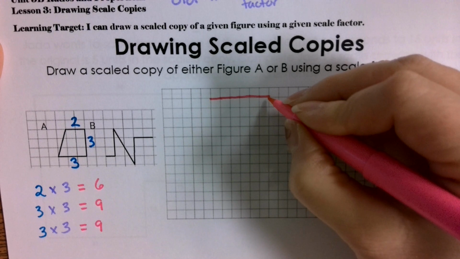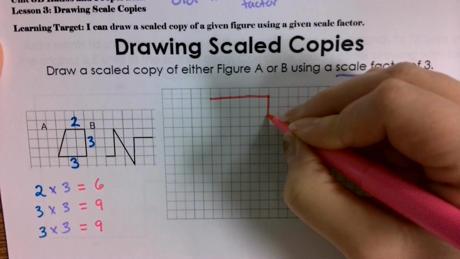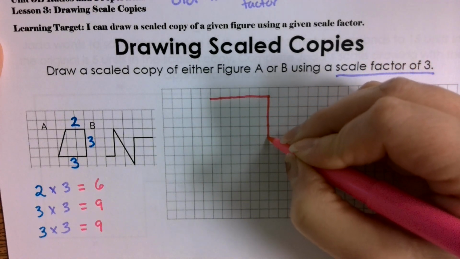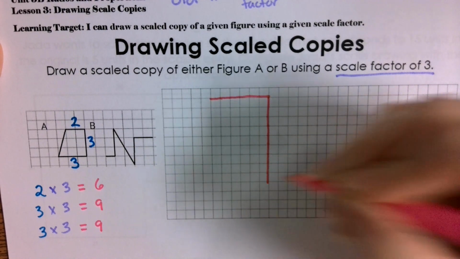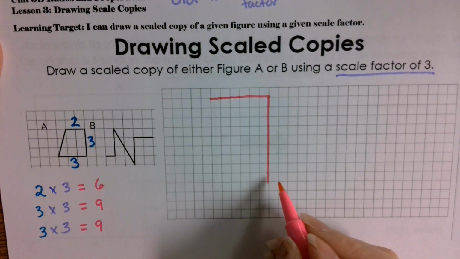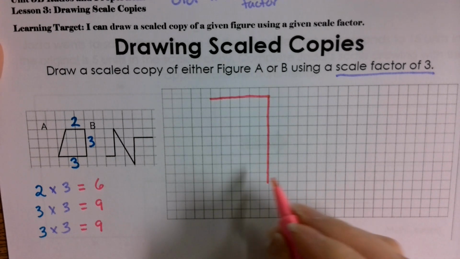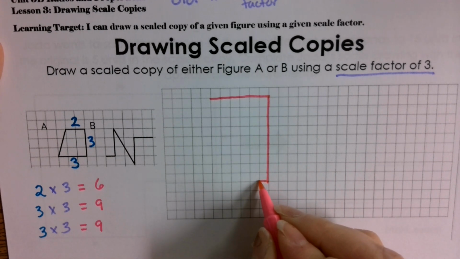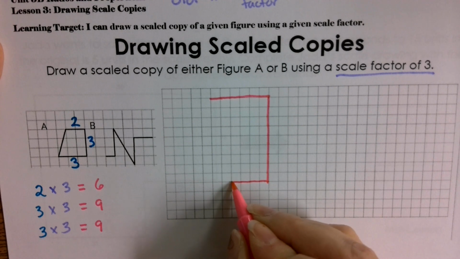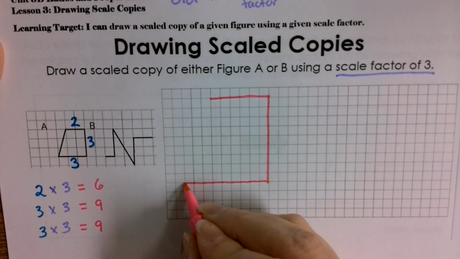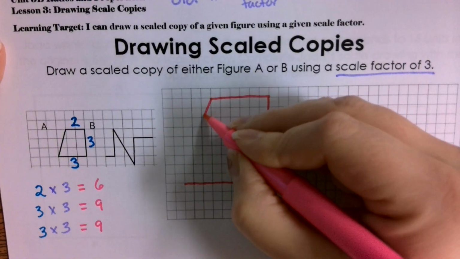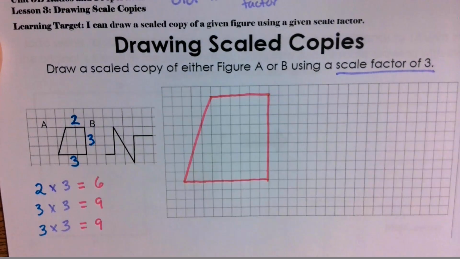Then I'm going to go 9 down. 1, 2, 3, 4, 5, 6, 7, 8, 9. And then I'm going to go 9 across. 1, 2, 3, 4, 5, 6, 7, 8, 9. And then I can connect these, and that's going to be my diagonal.